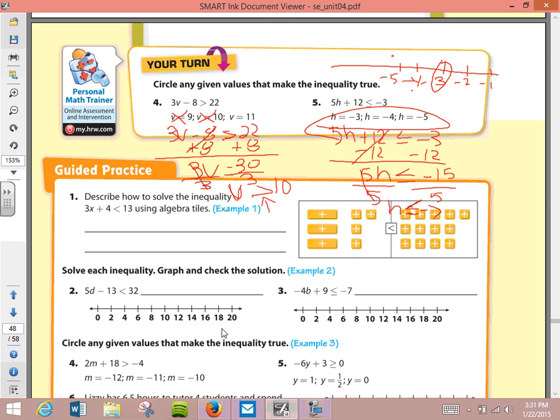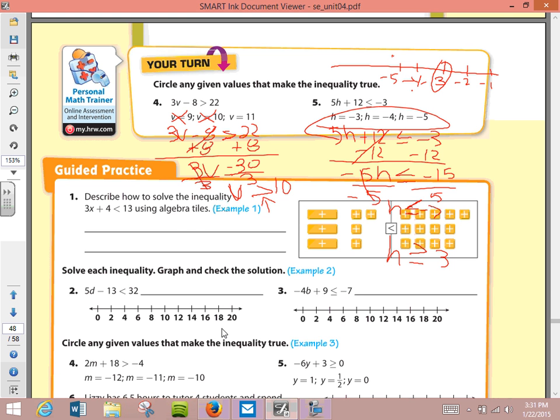On the second step where you divide or multiply, if you divide or multiply by a negative number, so for example, if this was negative 5 and you were dividing by negative 5, you would actually switch the sign. So it should be H greater than or equal to 3 because we divided by a negative number. If we divided by negative 5 on both sides, we have to switch the sign. Just literally flip it.